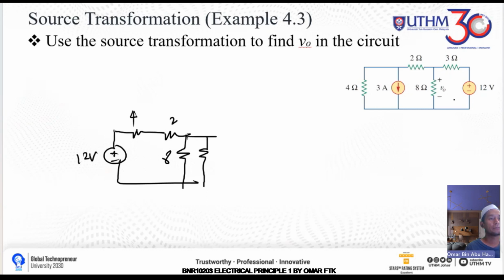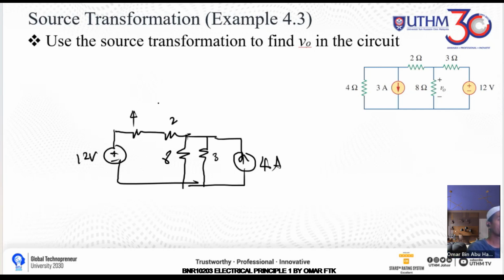This resistor you bring into a parallel circuit, 3, and then you will have like this a 4 ampere current source. So the circuit will transform into this kind. Then you can do the analysis for this.